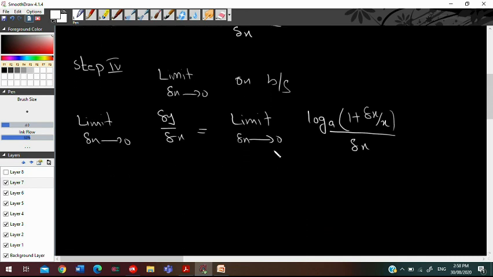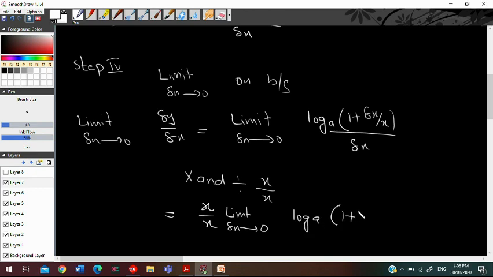Now I multiply and divide by x by x. Now x by x into the limit as delta x approaches 0 of log base a of 1 plus delta x by x, divided by delta x.